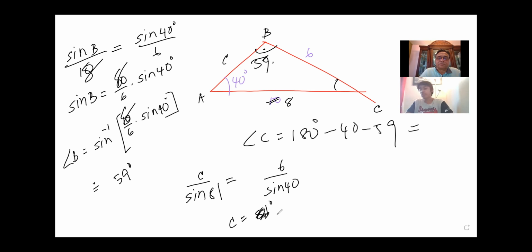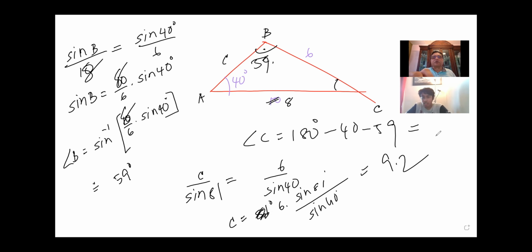So C equals 6 times sine 81 degrees over sine 40 degrees. How much did you get? I got 9.2. You understand how to calculate? Yes, sir, I understand. Is that clear to you? Yes, sir. If you are given this kind of a figure, you could figure it out.